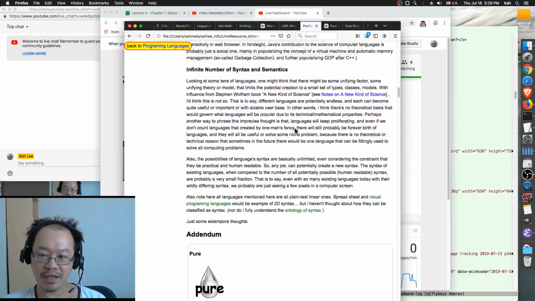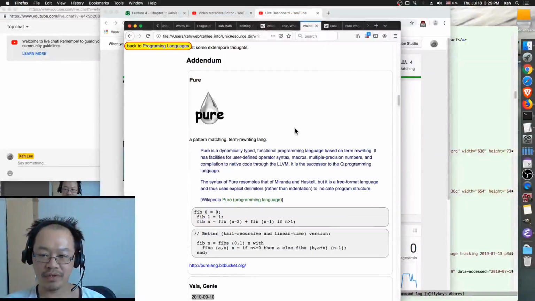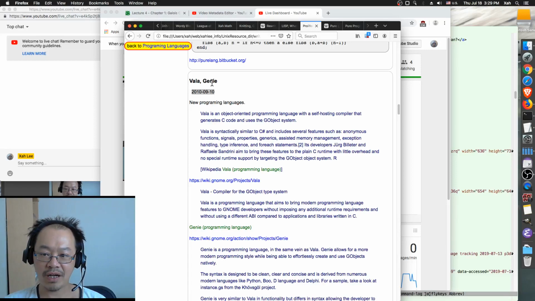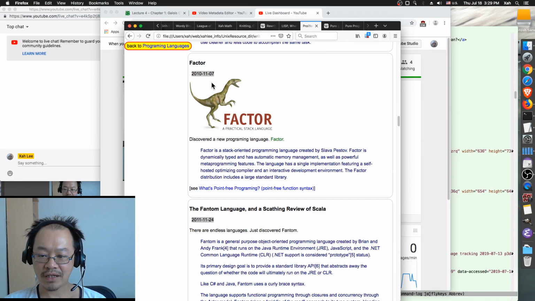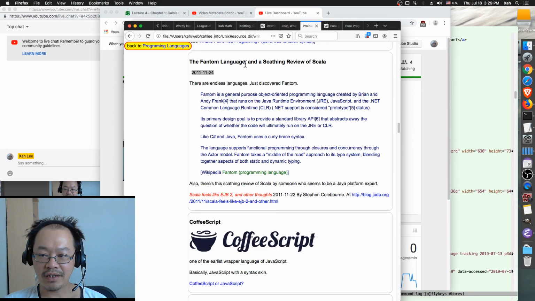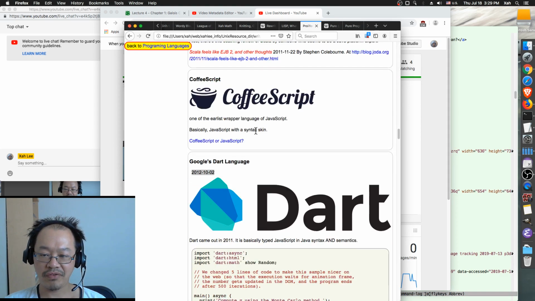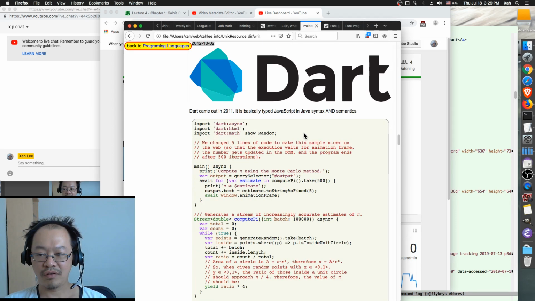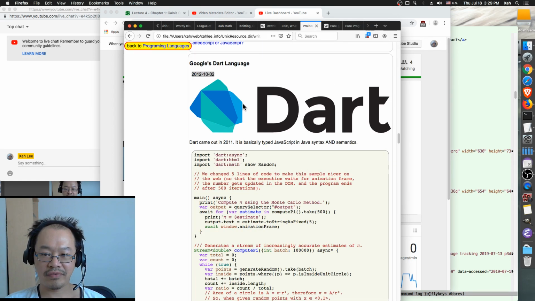But anyway, in this article I list a bunch of new languages. You have Pure, you have Vala, Genie, you have Factor, you have Phantom language. I don't have a logo. CoffeeScript is kind of dead. You have Dart, which is also kind of dead.